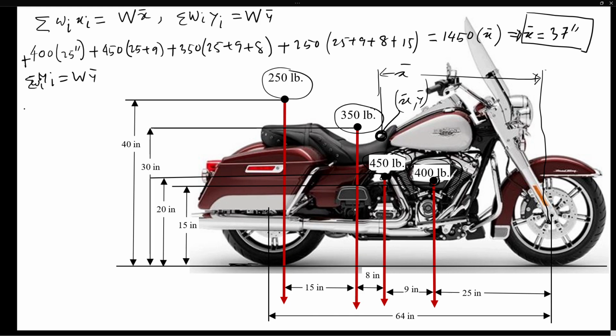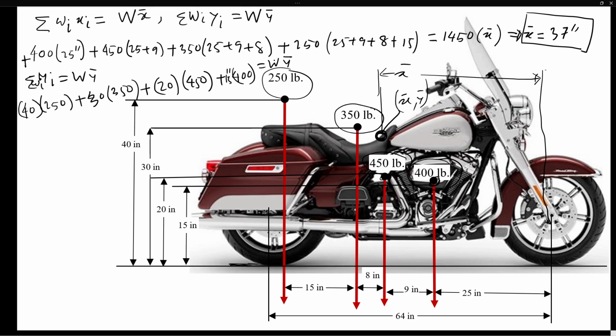So simply, the passenger is 40 inches from the ground, the rider is 30 inches from the ground, which is 350 pounds, plus the chassis is 20 inches from the ground, plus the 400 pounds weight is 15 inches from the ground, and this should be equal to the total weight times the y bar.